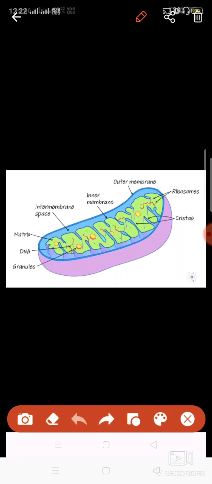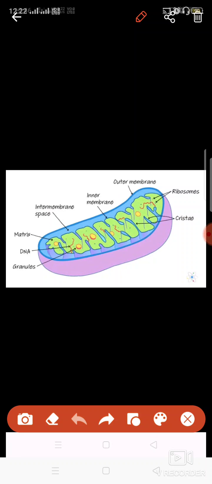Okay, so this is basically the structure of mitochondria. And you will see there is one more thing, this is intermembrane space, means between the outer membrane and the inner membrane there is a space which is known as intermembrane space. It is also filled with the cytosol.